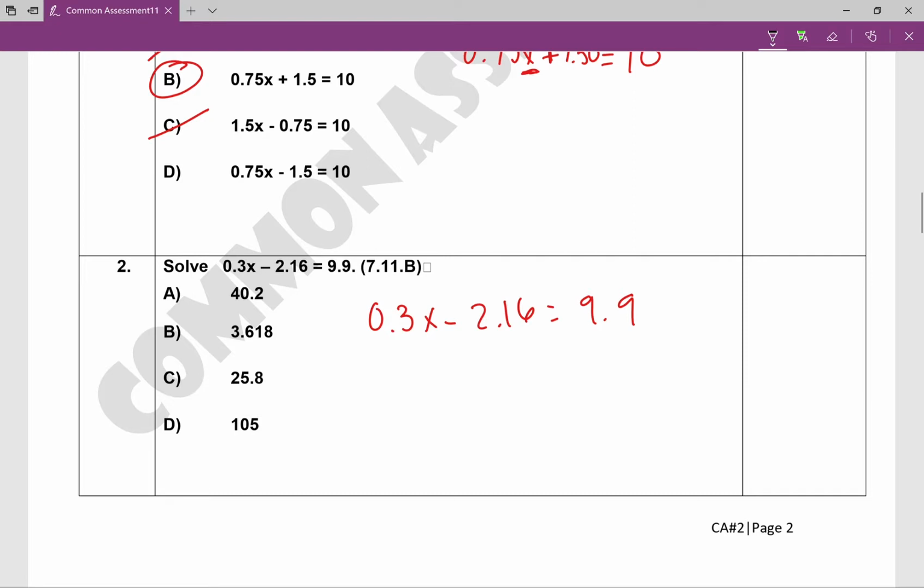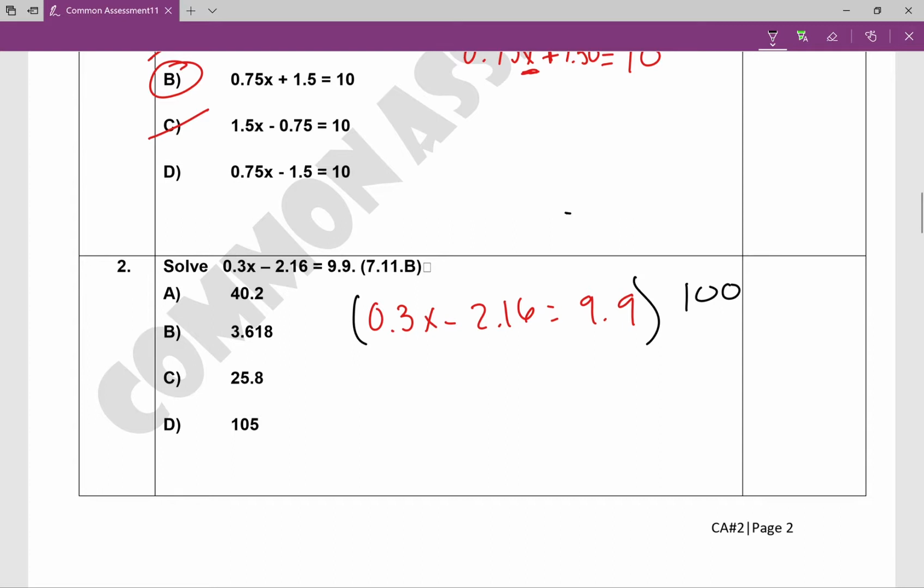In this case, 0.3 is in the tenths place, the 2.16 is in the hundredths place, and the 9.9 is in the tenths place. So I can just multiply this whole thing by 100.